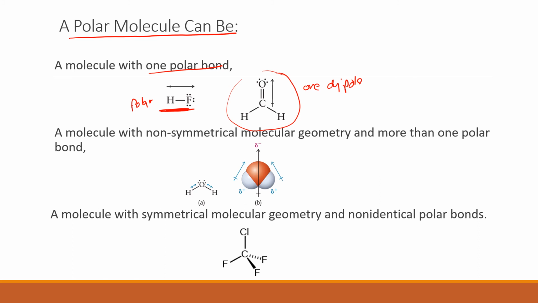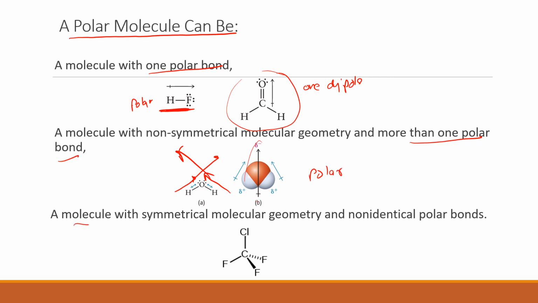A molecule with non-symmetrical molecular geometry and more than one polar bond will also be polar. For example, bent, it's non-symmetrical, so one dipole going this way, the other dipole going that way, so they don't cancel each other out, they just go right through it, resulting in the formation of an average dipole in the middle, so this will also be a polar molecule.